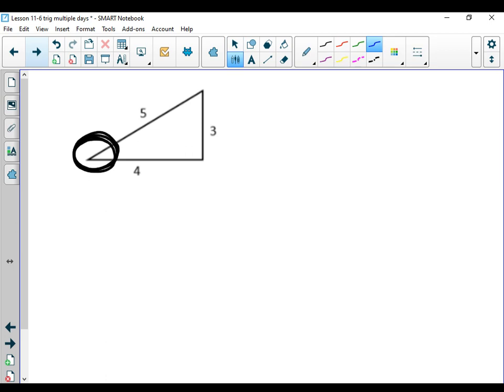Well, I know the hypotenuse has to be the longest one, so get that out of the way. And then adjacent means next to, like super close. Opposite, like Preston's on the opposite side of the room. He's so far away.